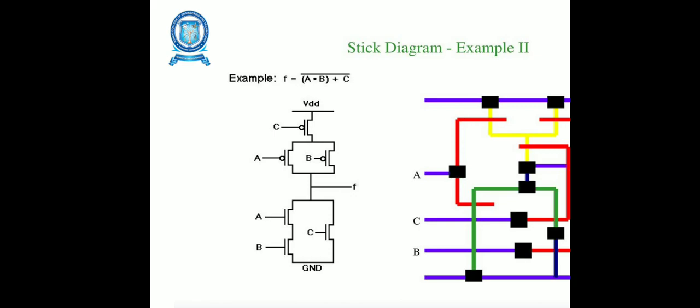Here you can see the VDD is represented in violet color, and the contacts in black color. The PMOS is shown in yellow, the NMOS in green, the inputs in violet, and the metal contacts in black.